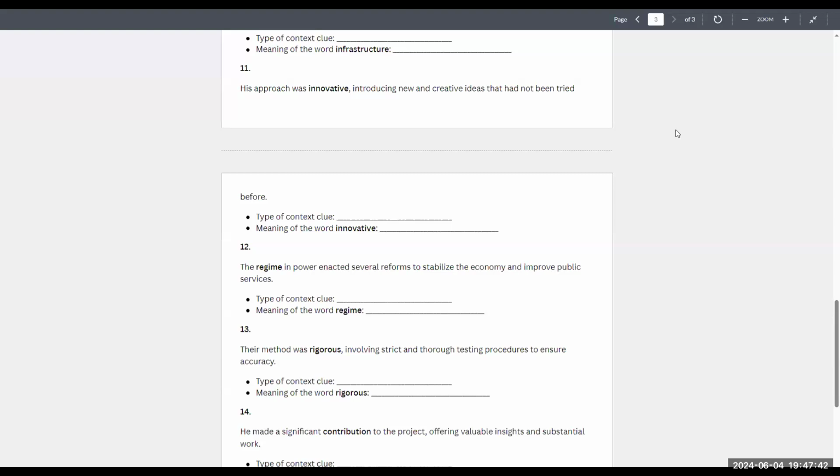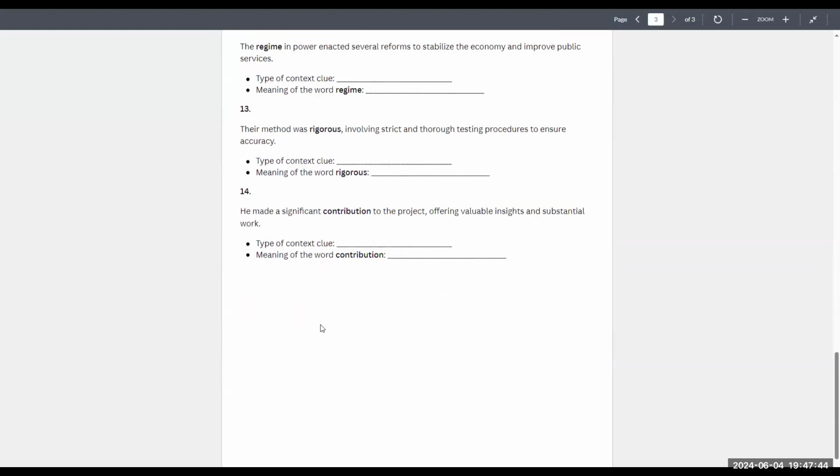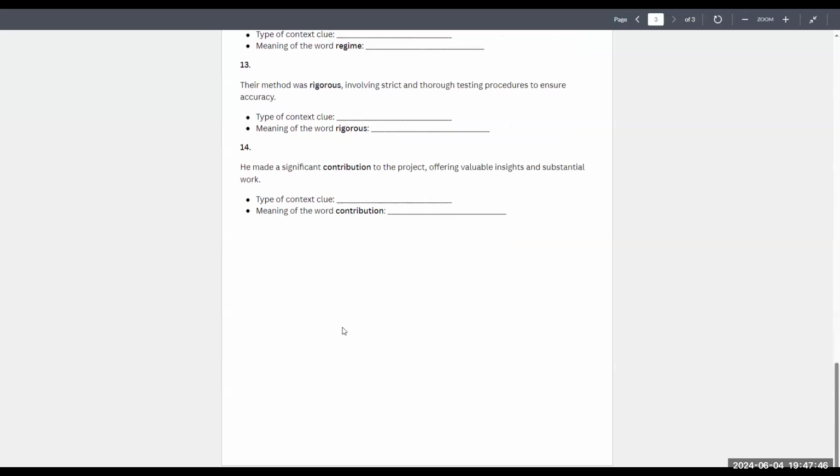Okay, and then the last two, we have their method was rigorous, involving strict and thorough testing procedures to ensure accuracy. What does rigorous mean? Strict, exactly, strict. And how do we know this? What kind of context clues is this? Restatement, absolutely.